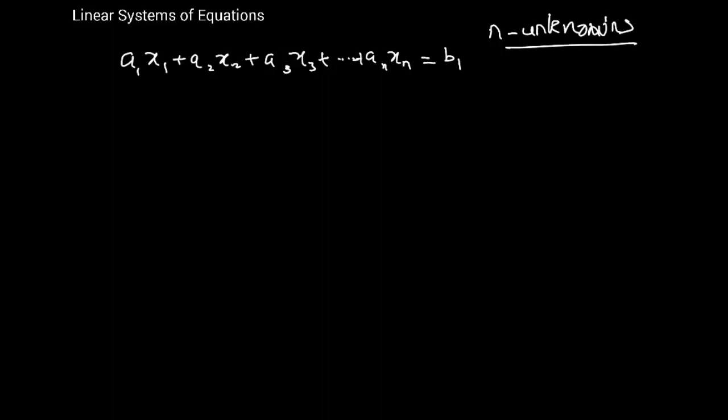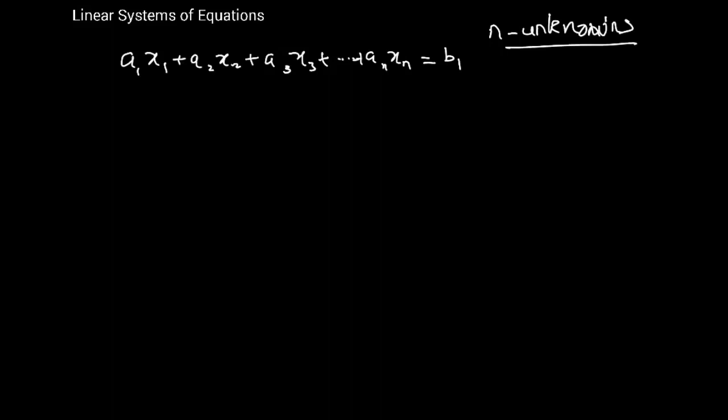But here's my question. If I use this a1, a2, a3, an, what about the second equation? Because one equation is not sufficient, really. We have n unknowns. What about the m equations? I can't reuse a1 because I need different coefficients.